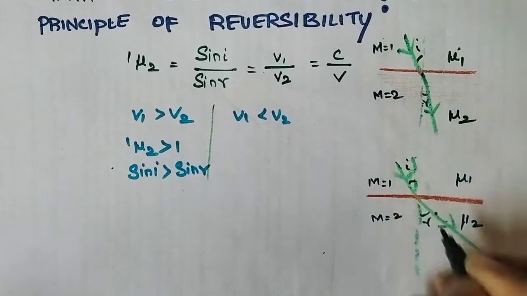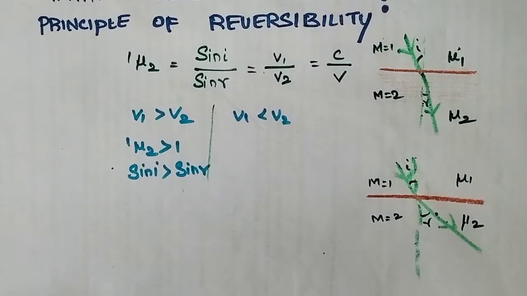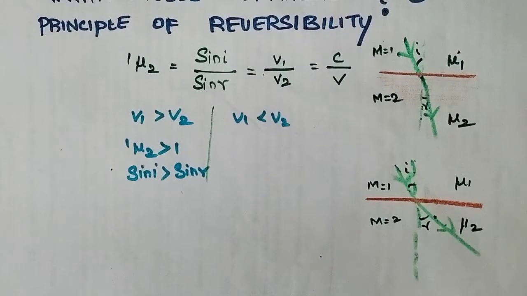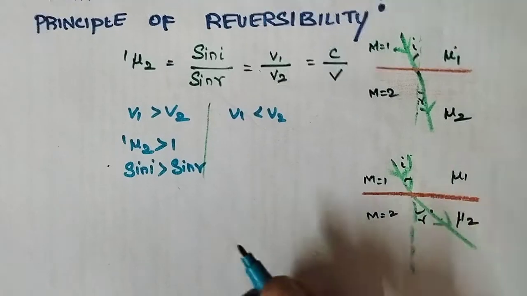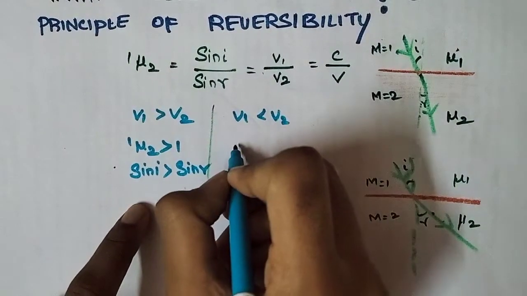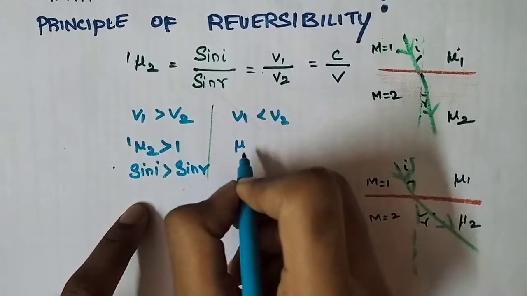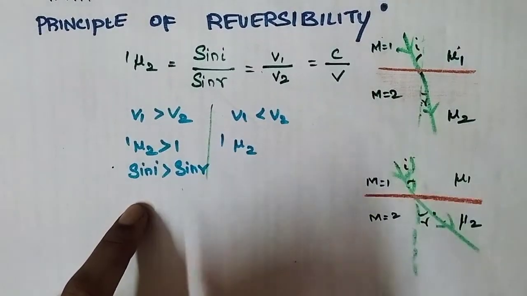medium 2. Clear? Now this angle is increasing, means the speed is increasing. If speed is increasing, it will move away from the normal. Correct? So the speed is increasing. Then if speed increases, what will be the condition for the refractive index?